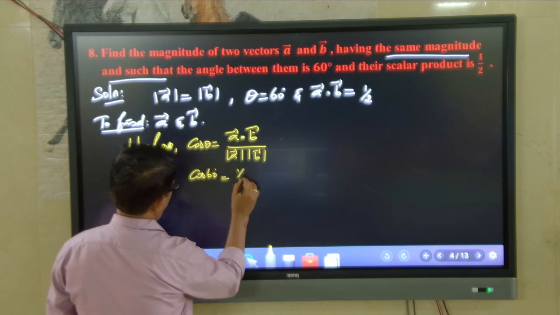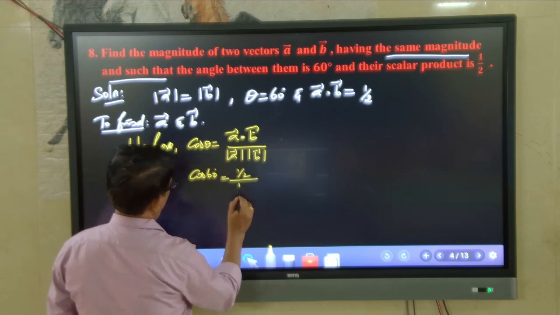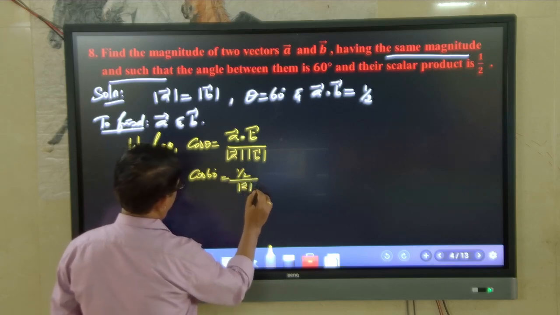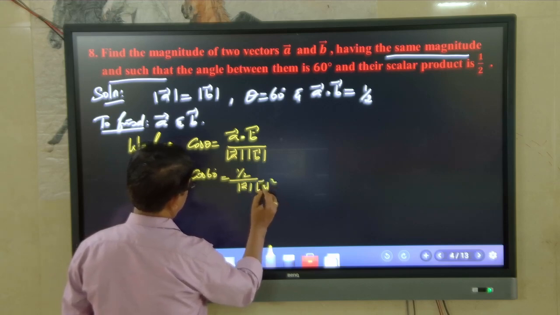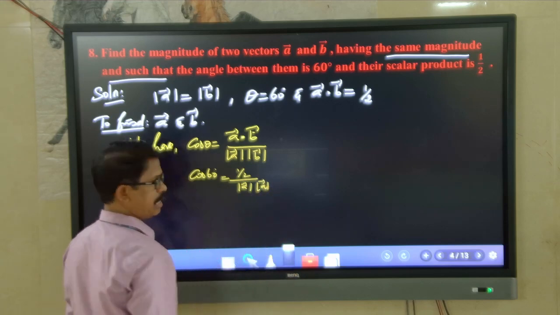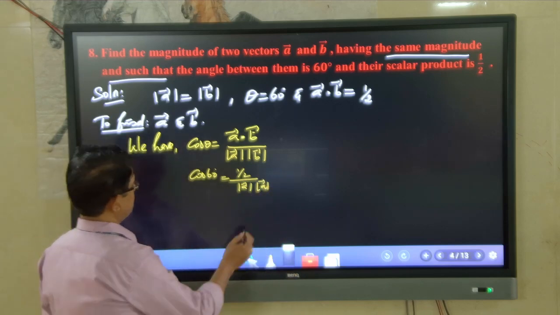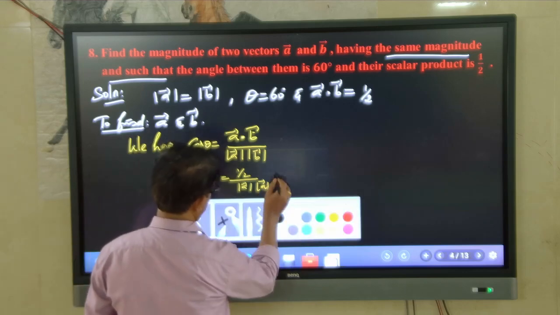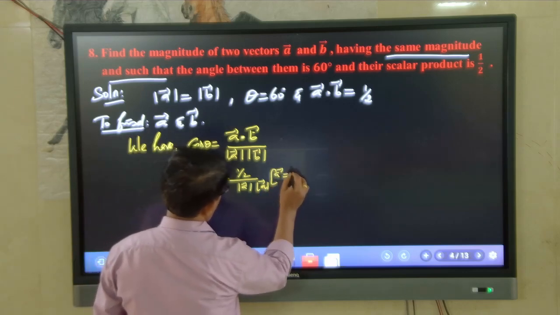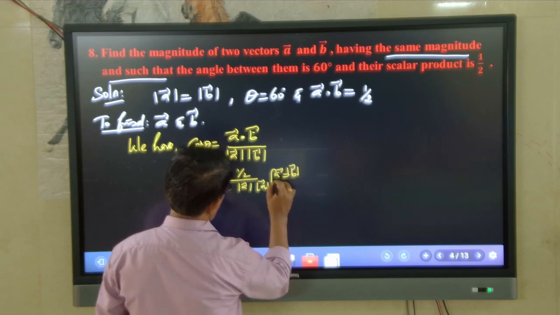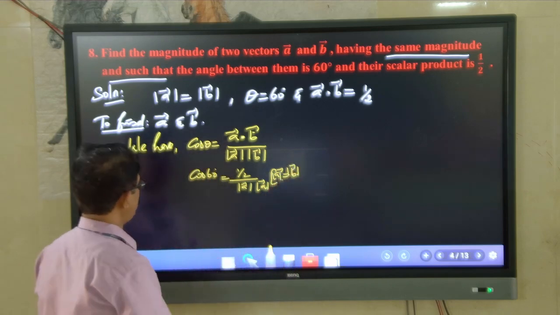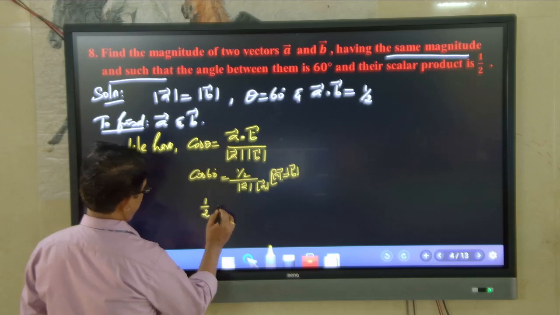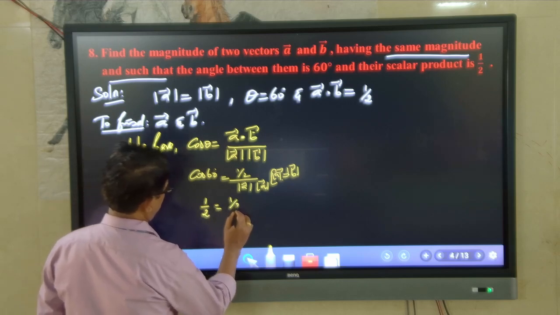Equal to 1 by 2, by modulus of a into modulus of a. It is equal, they are given. So, because magnitude of a vector is equal to magnitude of b vector, correct? Then what is here? 1 by 2 equal to 1 by 2 by modulus of a vector square.